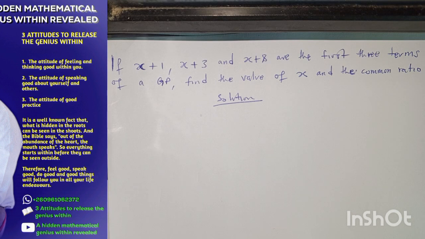We know that a common ratio of a GP is calculated as you divide the second term by the first term, or the third term divided by the second term. So we are going to come up with an equation.